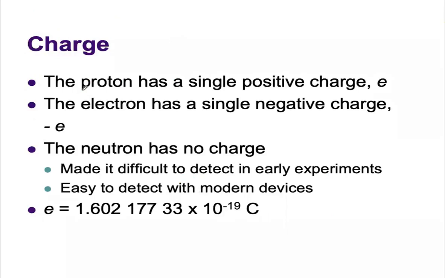apart from that, the charge on this nucleus: Rutherford suggested that it is a strongly positively charged body present in the center of the atom, and it was represented as a positive charge e, and the charge on the electron is minus e, and the neutron is a neutral particle having no charge, and one charge is equal to 1.6 into 10 raised to power minus 19 coulomb.